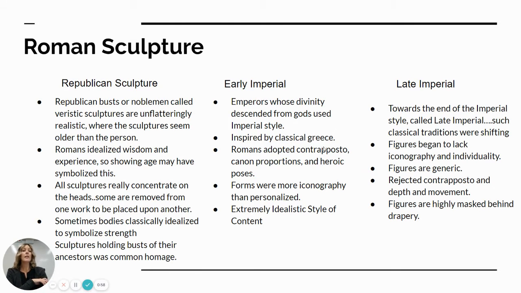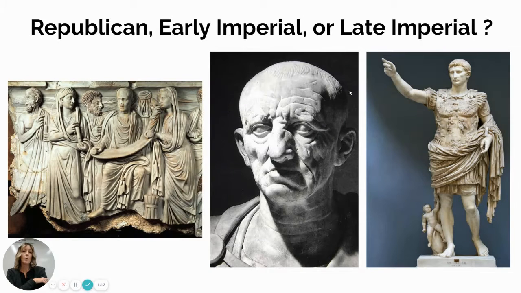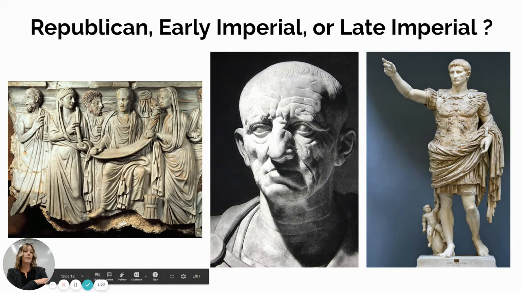But ultimately, don't be confused if you hear these two combined and sculpture just being referenced as imperial style sculpture, okay? We went through and categorized these correctly in class. We said that this was the first example of the late imperial, then we have an example of Republican, and then we have an example of early imperial.